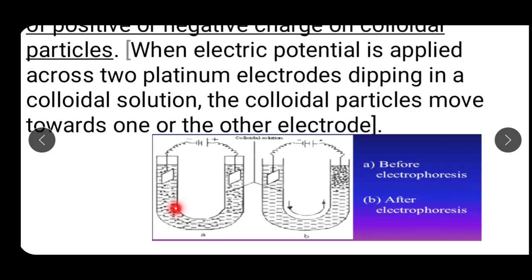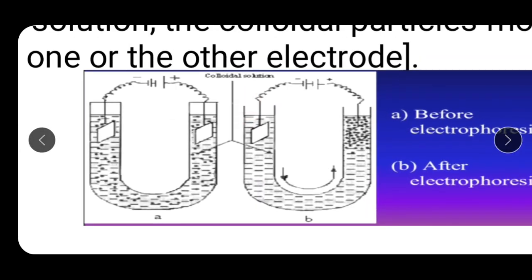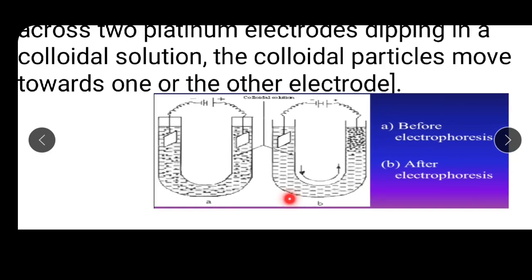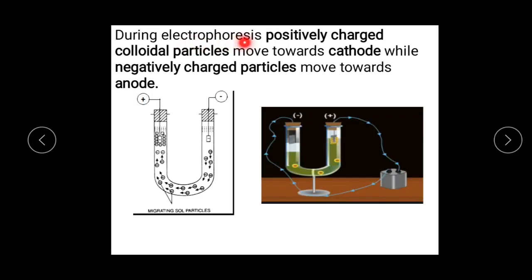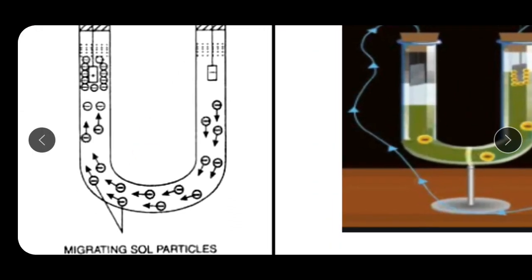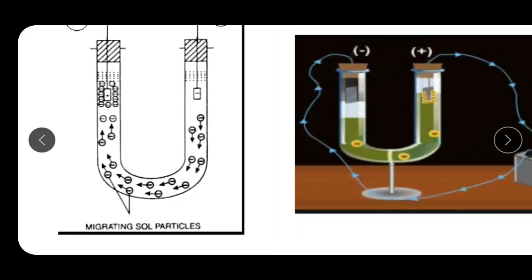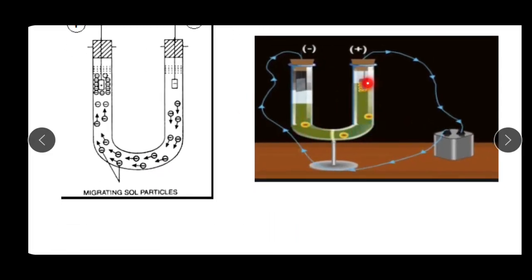This is before electrophoresis and this is after electrophoresis. After electrophoresis you can see the particles are moving to the opposite electrodes. During electrophoresis, positively charged colloidal particles move towards the cathode and negatively charged particles move towards the anode. So you can see here the migration of colloidal particles to the oppositely charged electrodes, and then accumulation here.